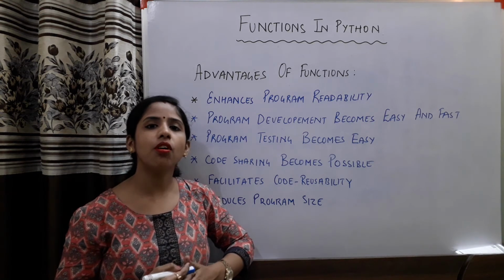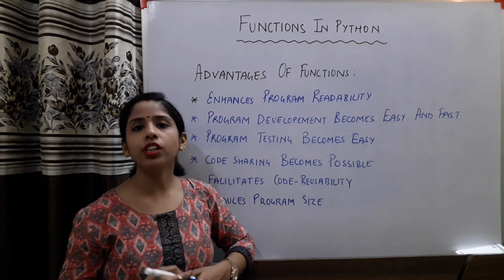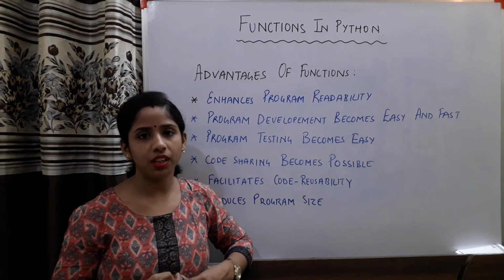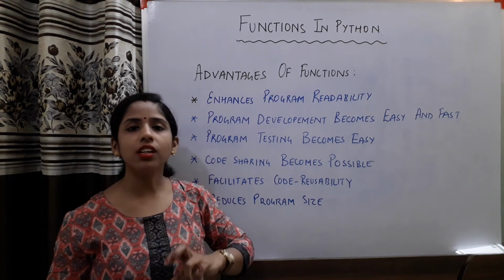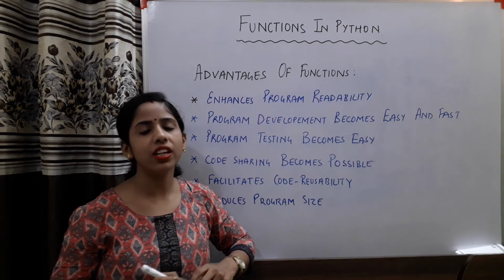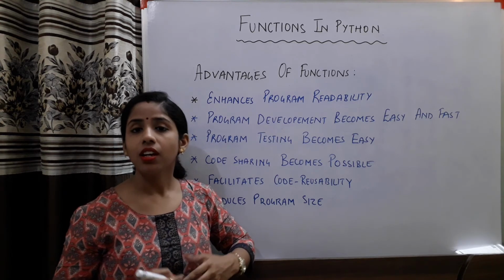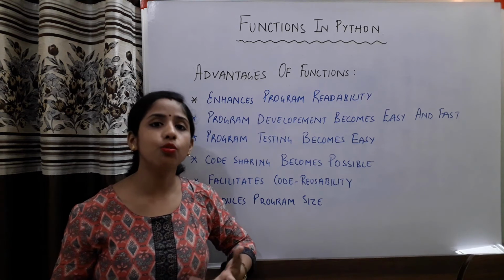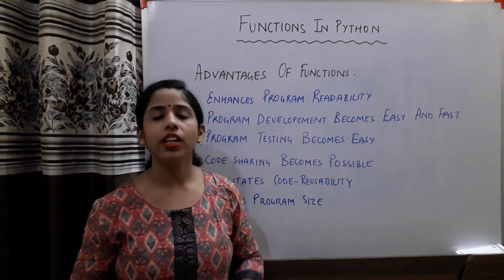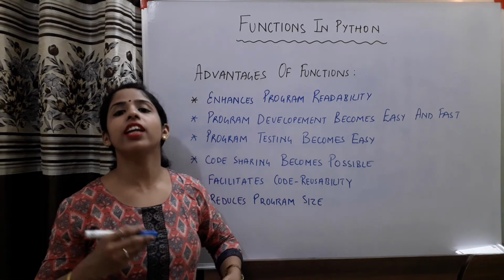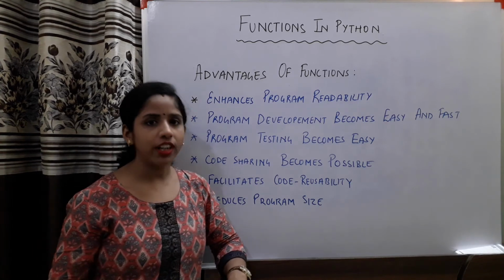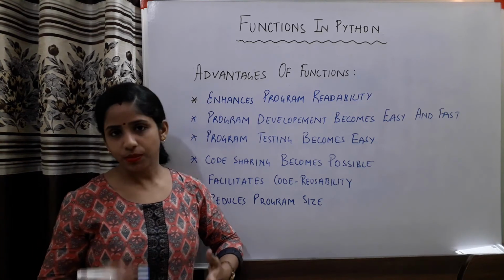Let us take the example of a series in which you need to calculate the factorial of a number multiple times. Now the code for finding factorial is not very huge, but it is not very small also, because it involves the use of a loop, right? So if in that series you need to calculate factorial again and again, you will have to write the code of factorial as many times as you want.